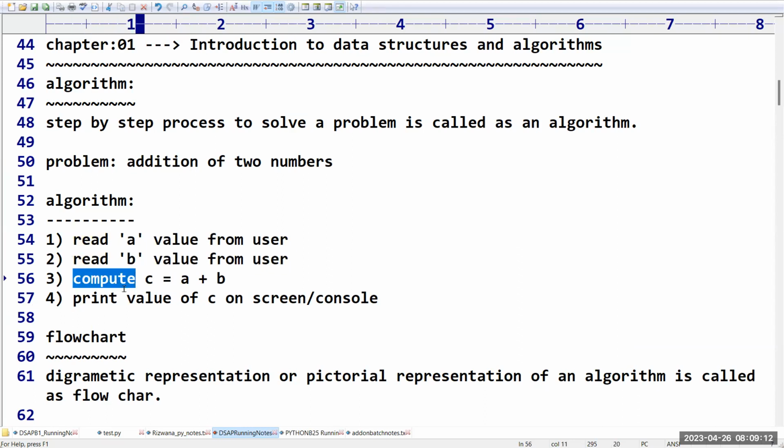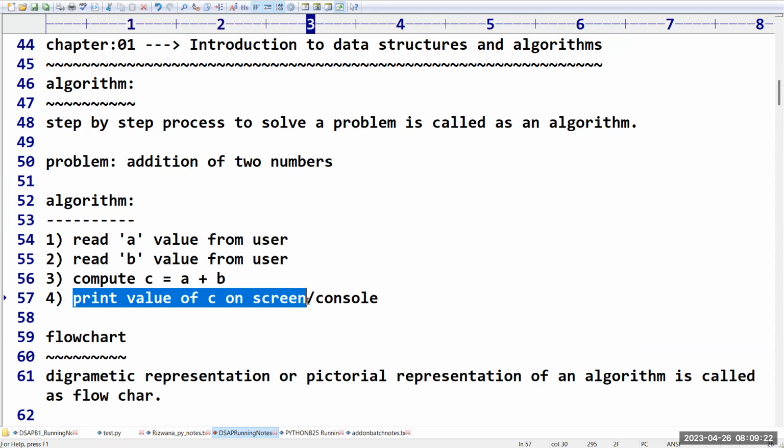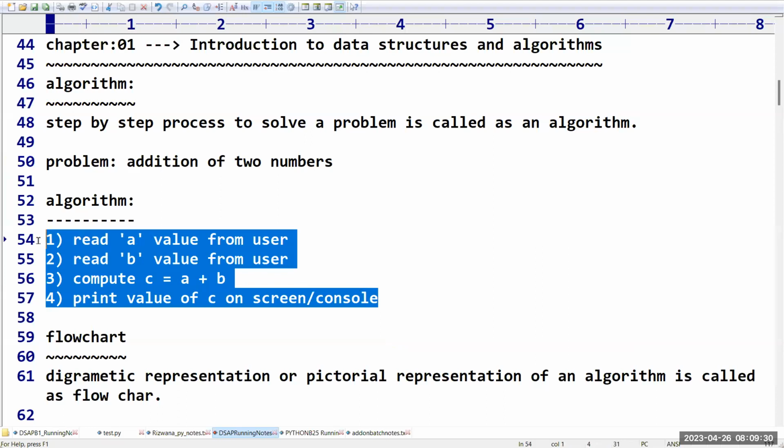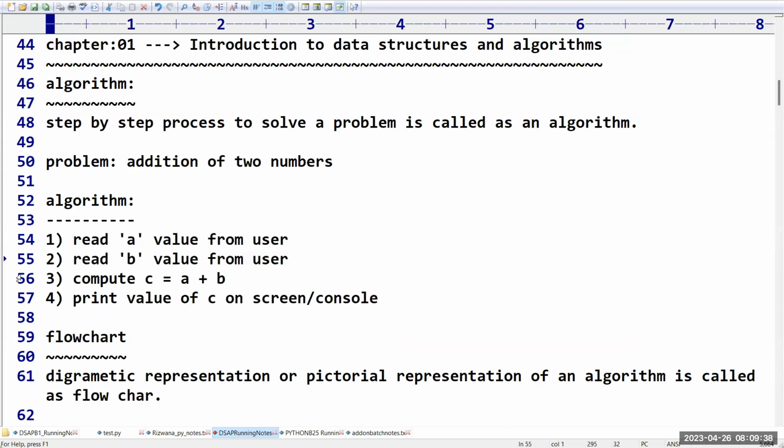We have to compute the value of C is equal to A plus B. What is the fourth step? We have to print the value of C on the console or screen, or return the value. Of course, since the problem statement is very simple, we have written four steps. If the problem statement is very big, then we have to write n number of steps.